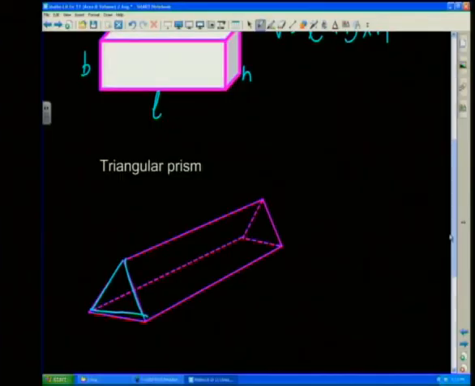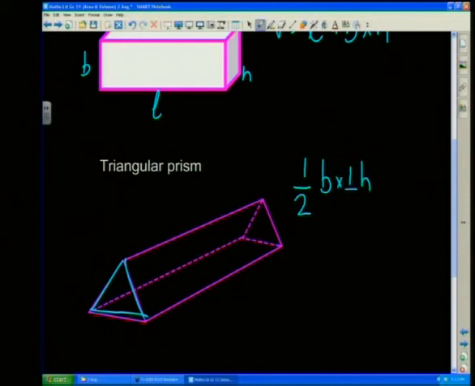So it's my common side, which in this case is half the base times the perpendicular height, times h, the height of the shape. So it's the area of that, which I've got, times the height of the shape.